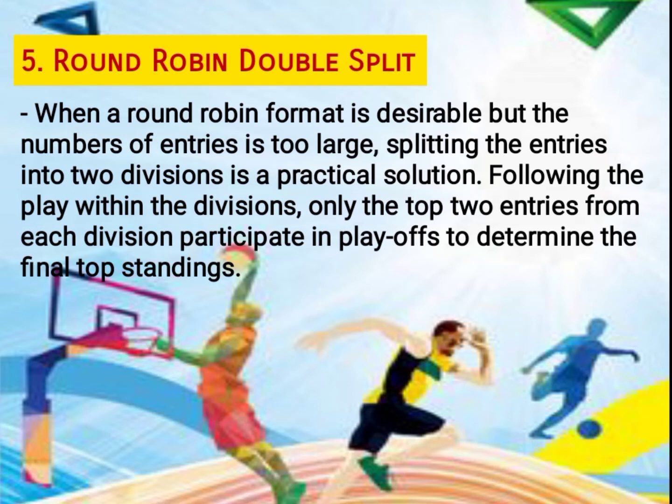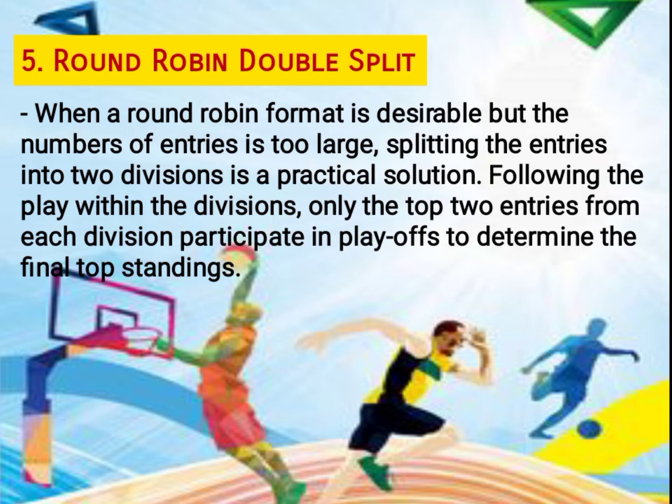Number 5 is the round robin double split. When a round-robin format is desirable but the number of entries is too large, splitting the entries into 2 divisions is a practical solution. Following the play within the divisions, only the top 2 entries from each division participate in playoffs to determine the final top standings.